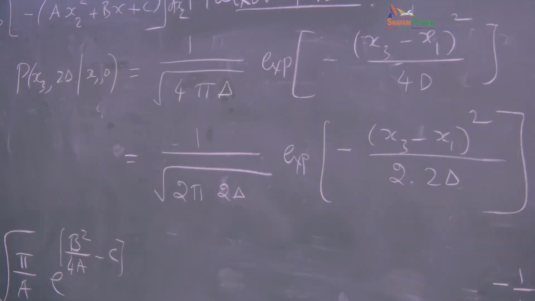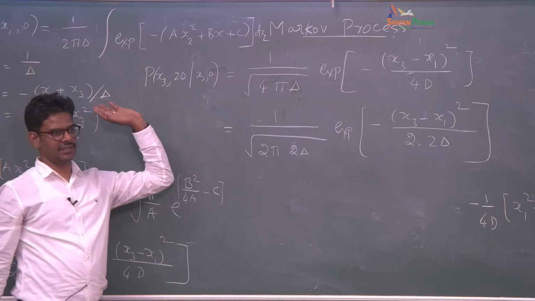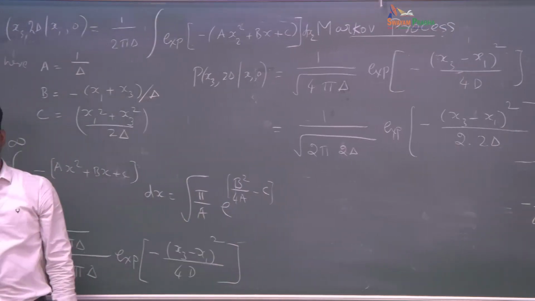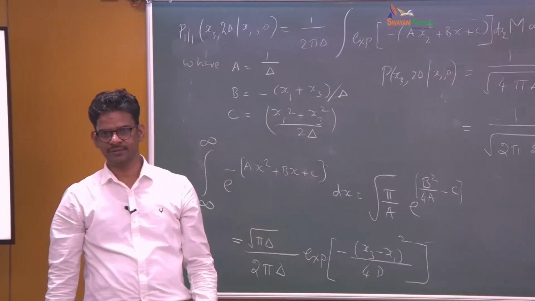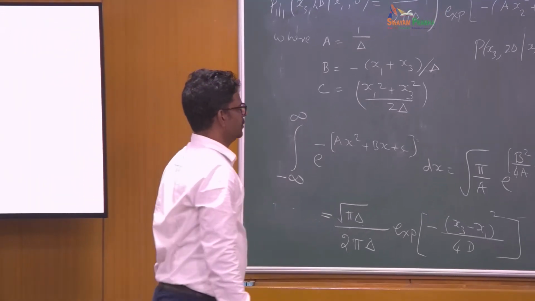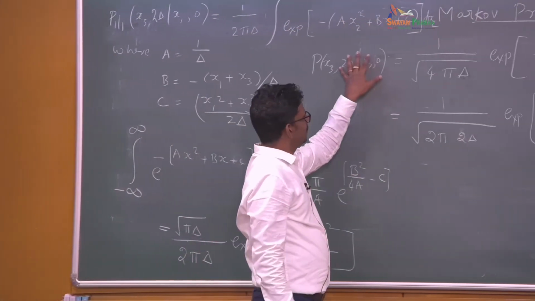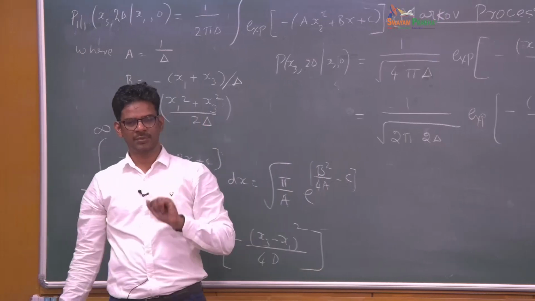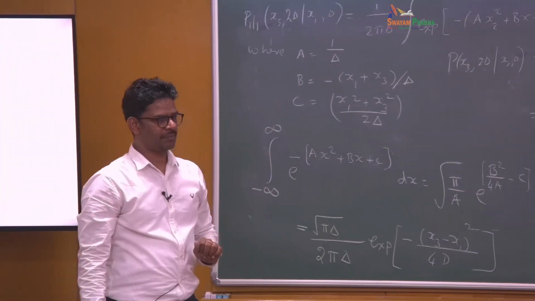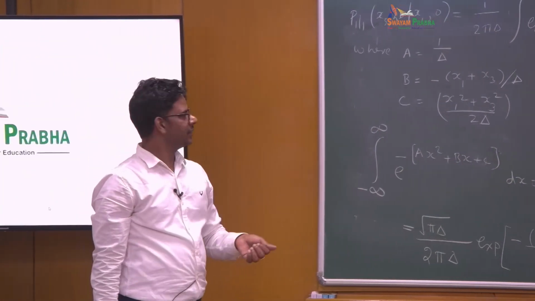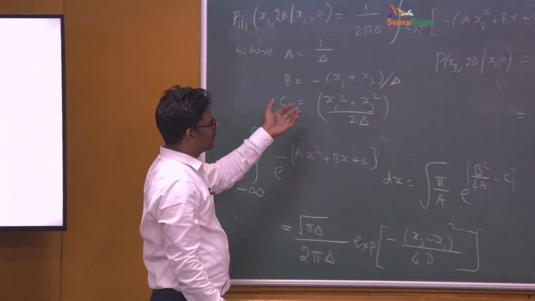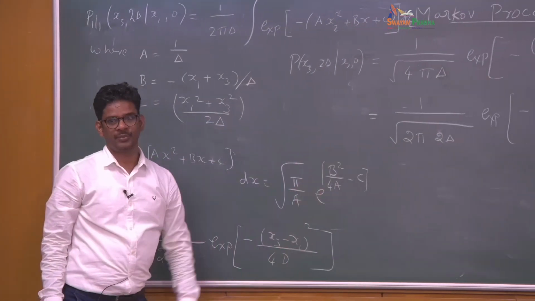And this is what you would get if you were to apply the given transition probability from 0 to 2 delta. So therefore, we show that this given transition probability satisfies the Chapman-Kolmogorov equation. Therefore, this transition probability can represent a Markov process.